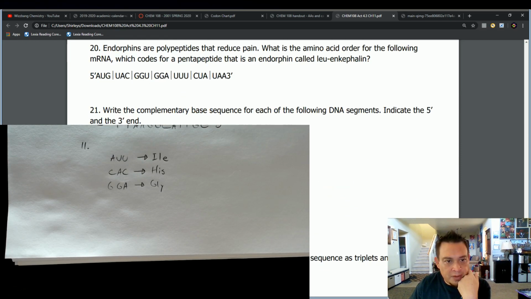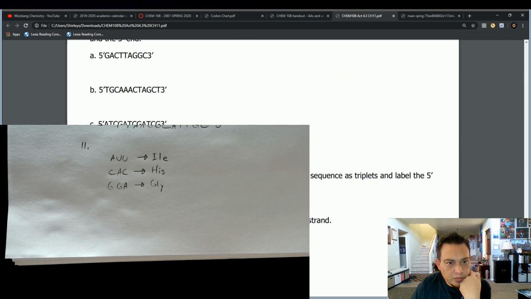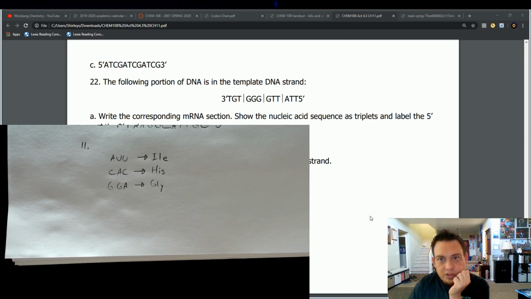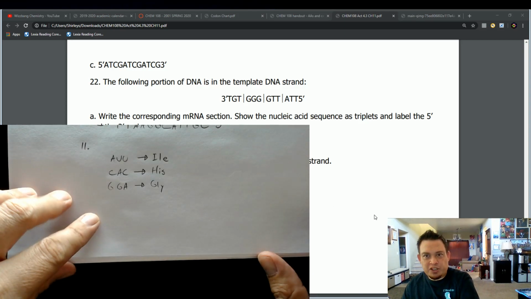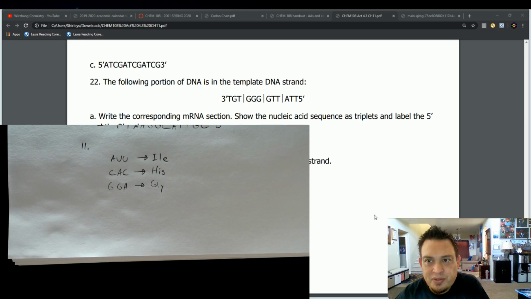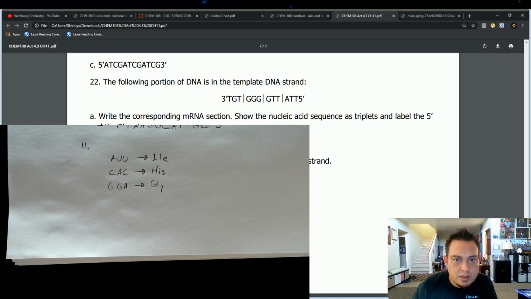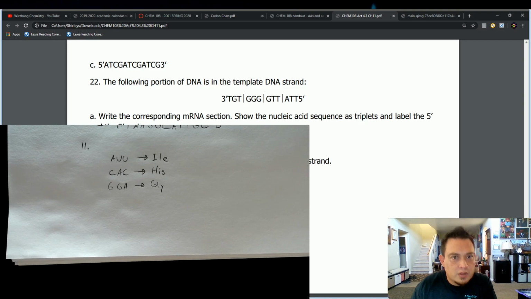All right, so I did want to... I want to do number 22. So number 22 is I want to do the complementary DNA fragment here. 3 prime, 5 prime.